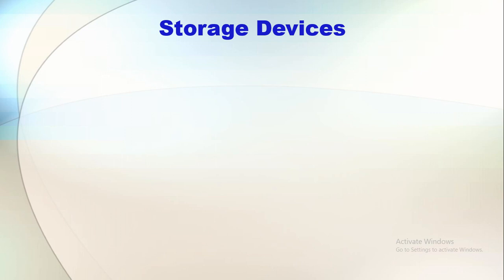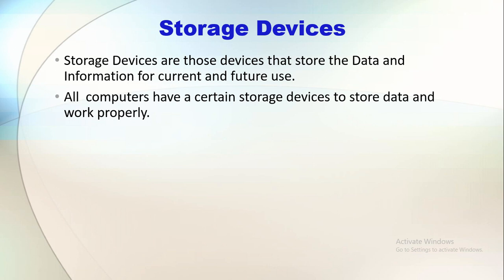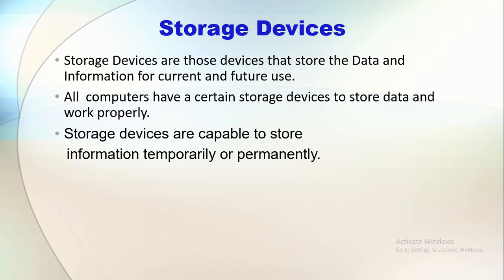So before going to memory, we will study about some storage devices. Storage devices are those devices that store the data and information for current and future use. All the computers have certain storage devices to store data and information and work properly. Storage devices are capable of storing information temporarily and permanently, as I told you now.